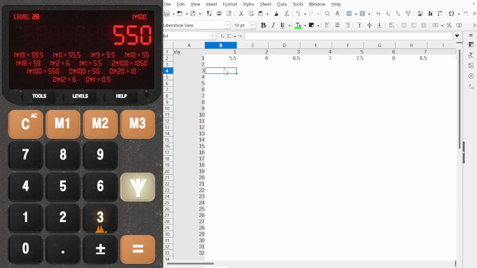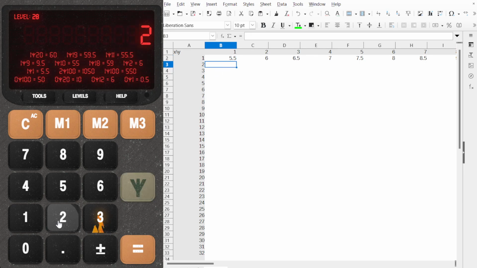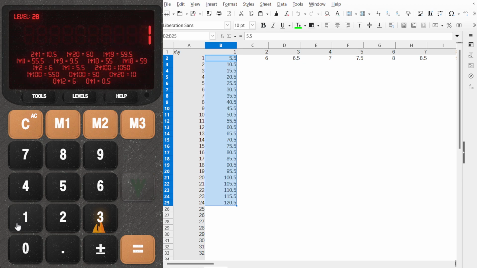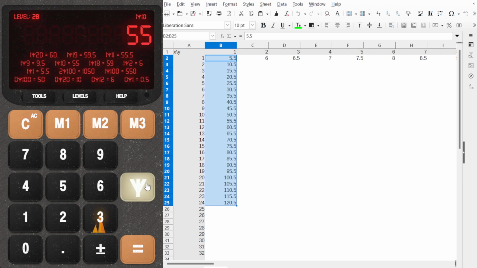Let's just go into the other direction. Let's say to 1, 10.5. And let's expand this and check where it stops to work. Let's say 10, once more. 1, 10, 55.